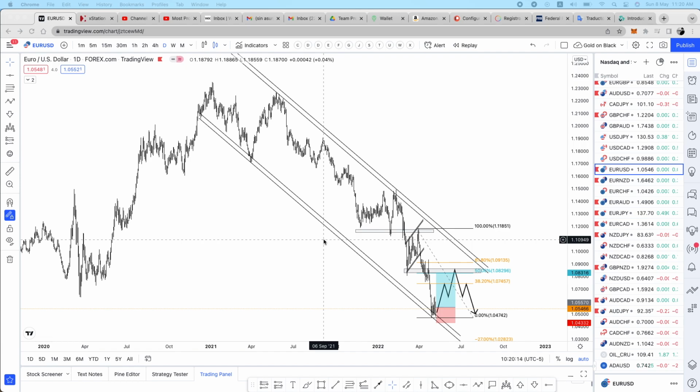So by finding these psychological levels, we're going to understand how the banks trade, how the big institutions trade, and what they normally do. This can help you with swing trading.